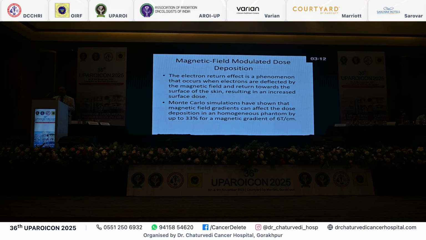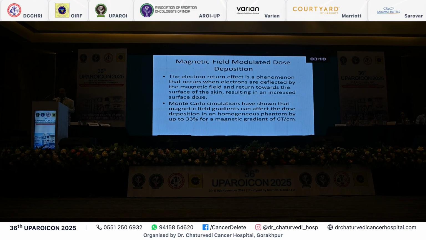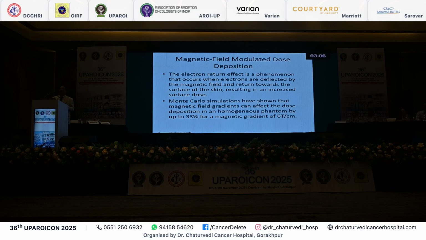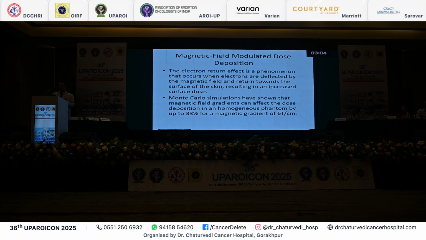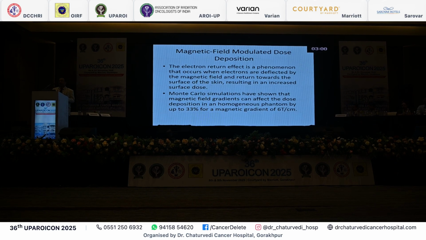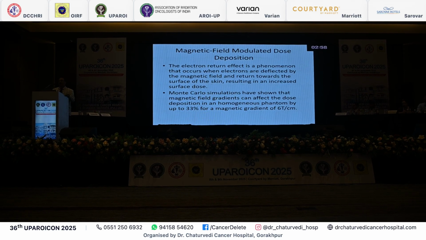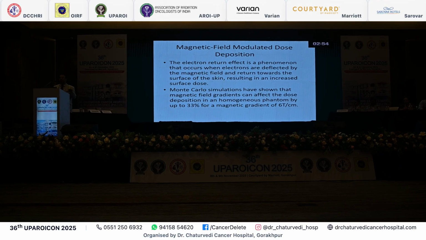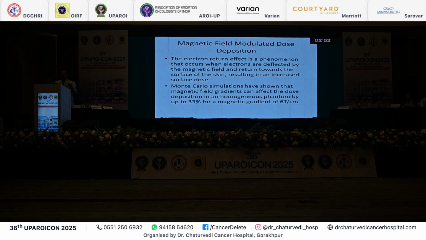So this is one area, magnetic field modulated dose deposition. This is basically a boon as well as a bane. It is a bane because it causes electron perturbations. As a result, the electrons, which are the secondary carriers of energy when we treat with radiation, are attracted towards the surface.